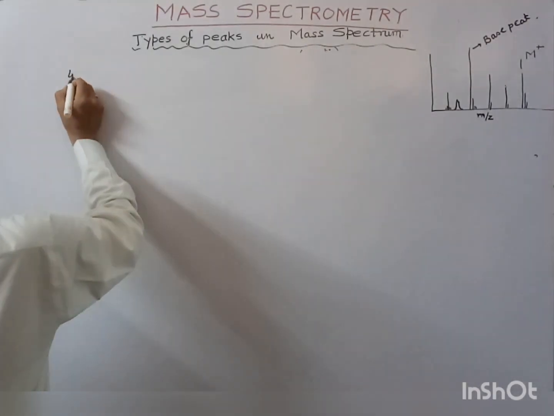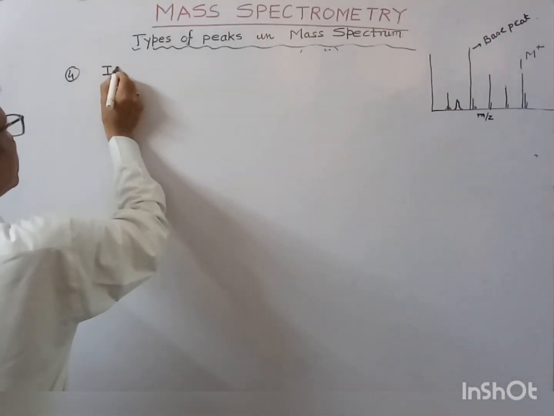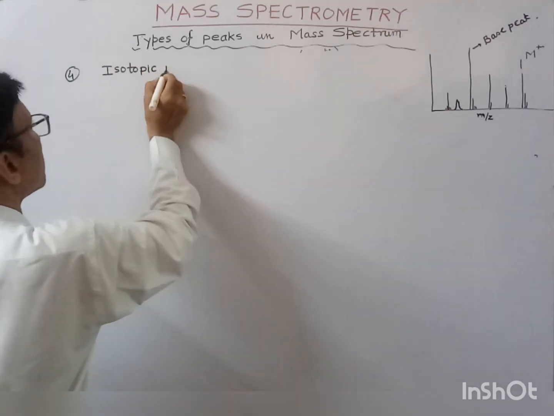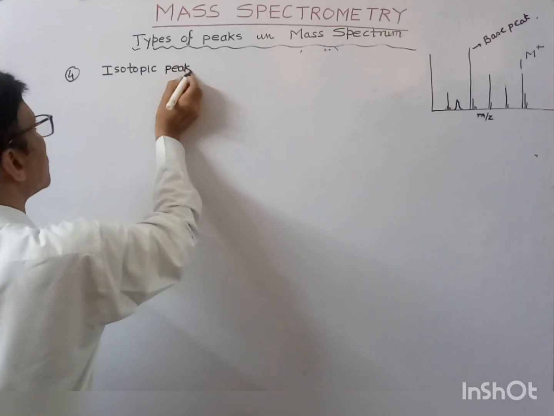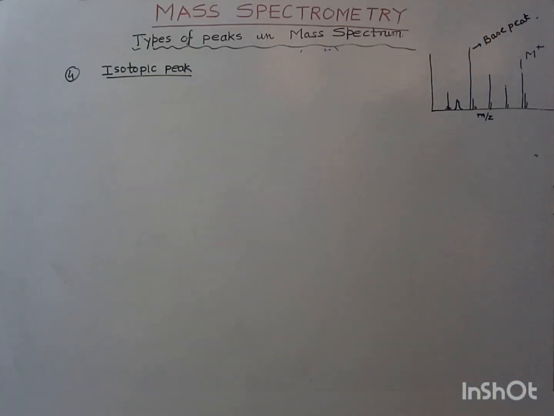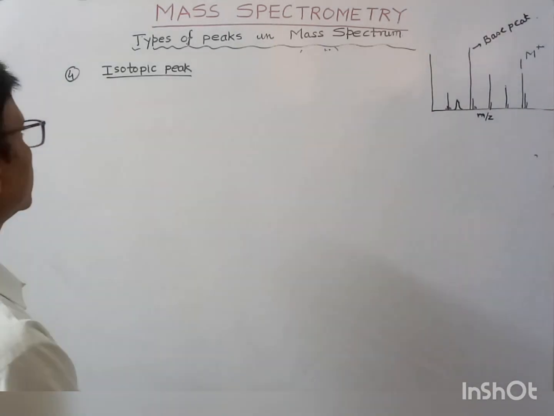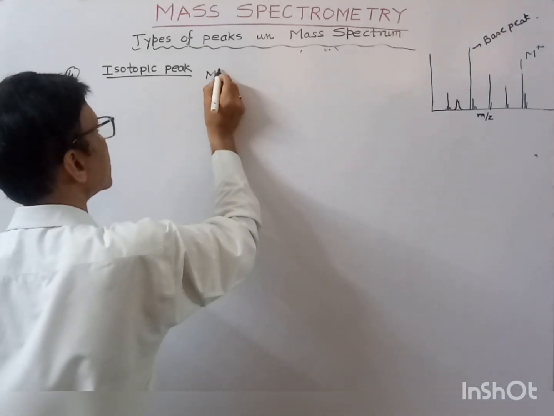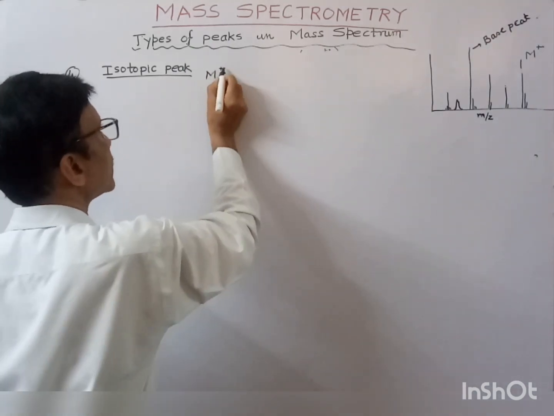Now the fourth one is the isotopic peak. Suppose this is our molecular ion peak.